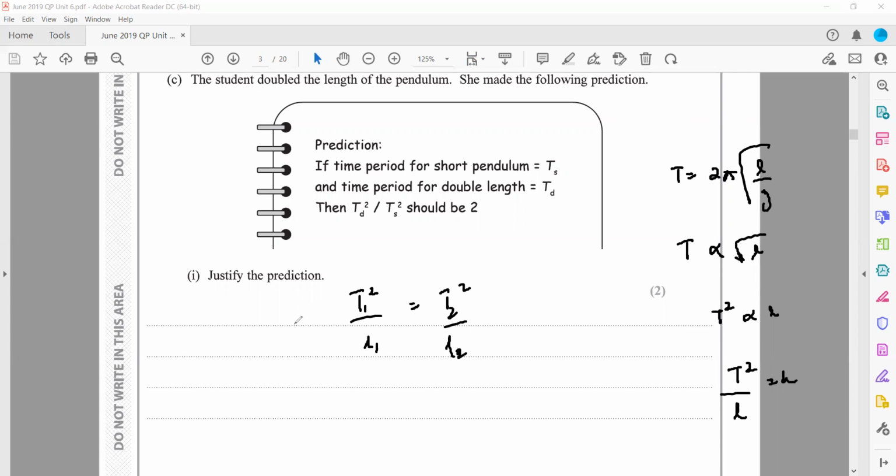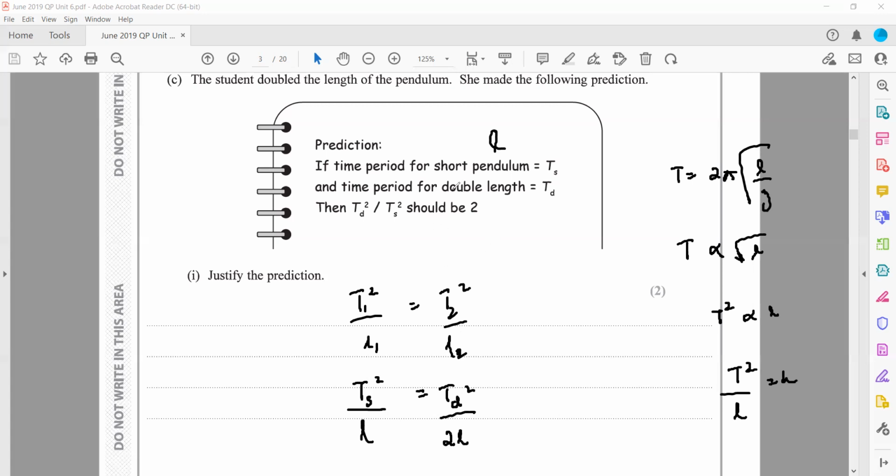For example, if the length of the short pendulum is L, so Ts, T is equal to 2 pi under root L over G. So Ts square over L is equal to Td square over 2L.